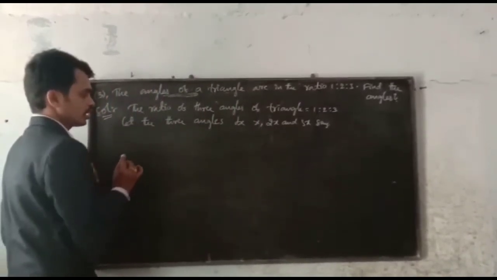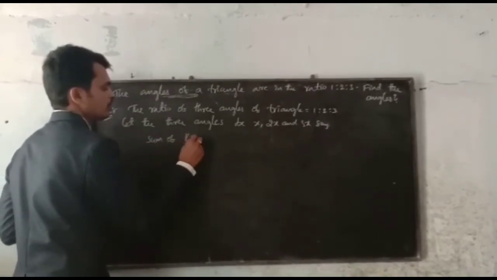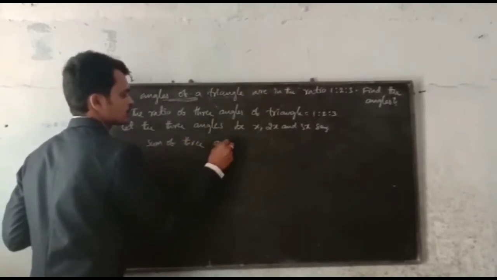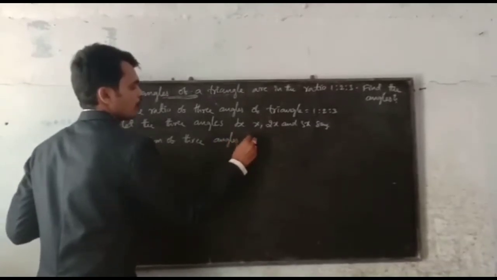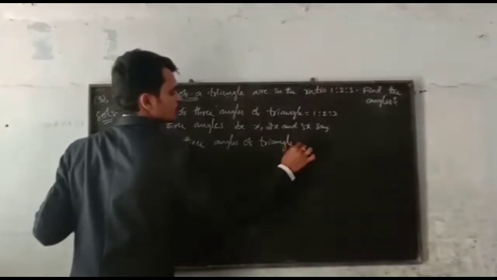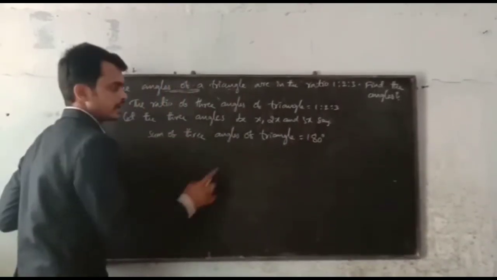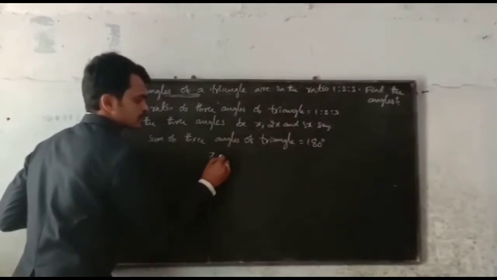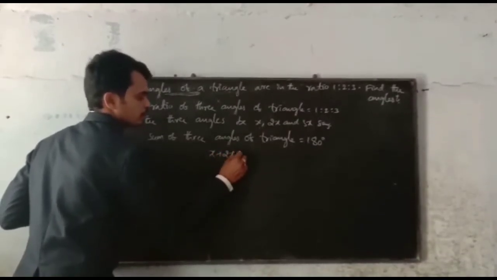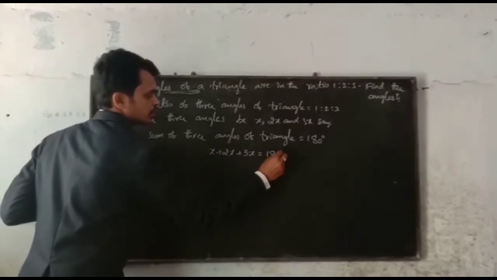Now we know that the sum of three angles of a triangle is equal to 180 degrees. So the sum of these three angles we have to add. x plus 2x plus 3x is equal to 180 degrees.